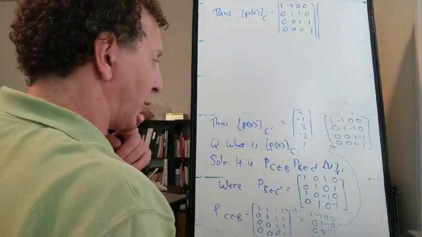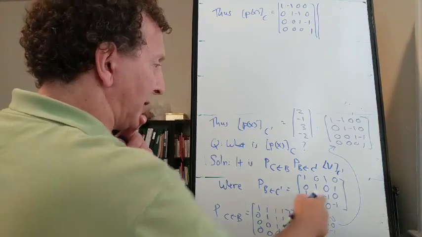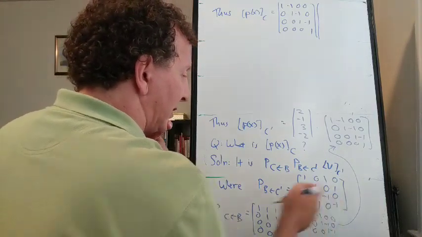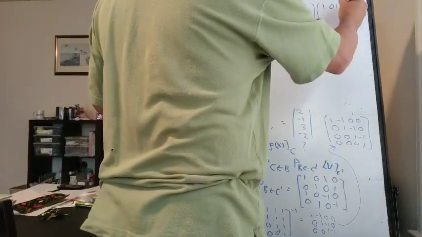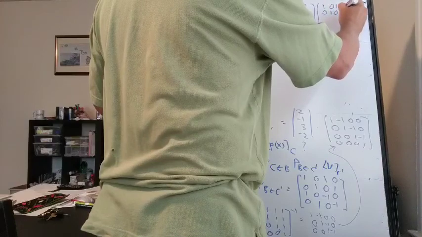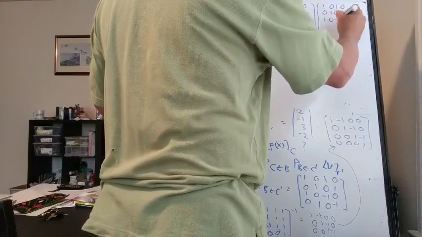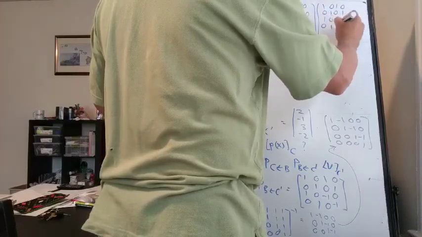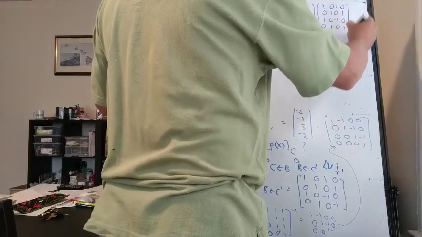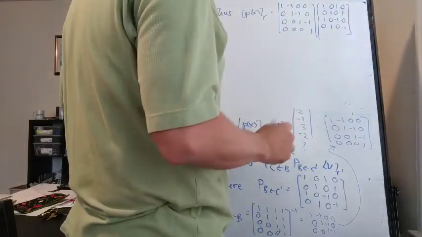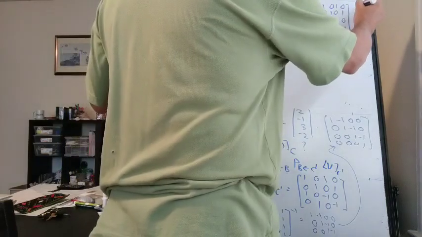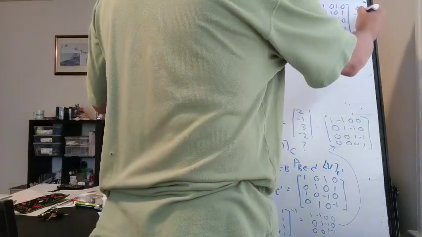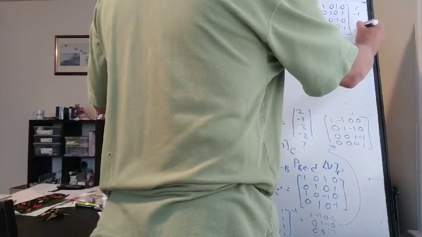It's almost a checkerboard of ones and zeros, except that these last two ones in the lower 2 by 2 matrix are negative. All of that times the coordinate vector with respect to C prime, which is 2, -1, 3, -2.